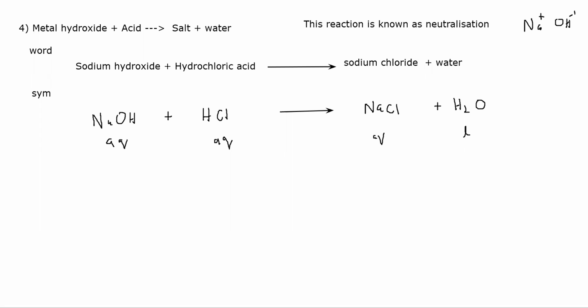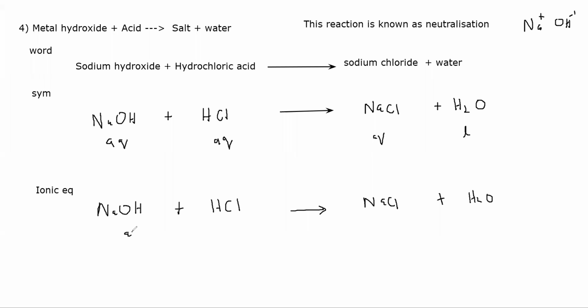Now to write an ionic equation, sodium hydroxide, NaOH, plus HCl gives NaCl plus H2O.